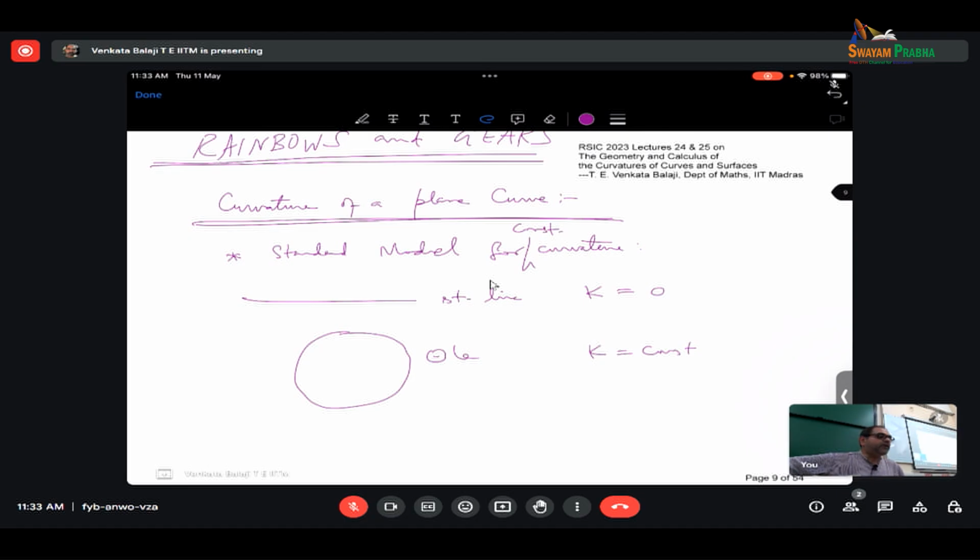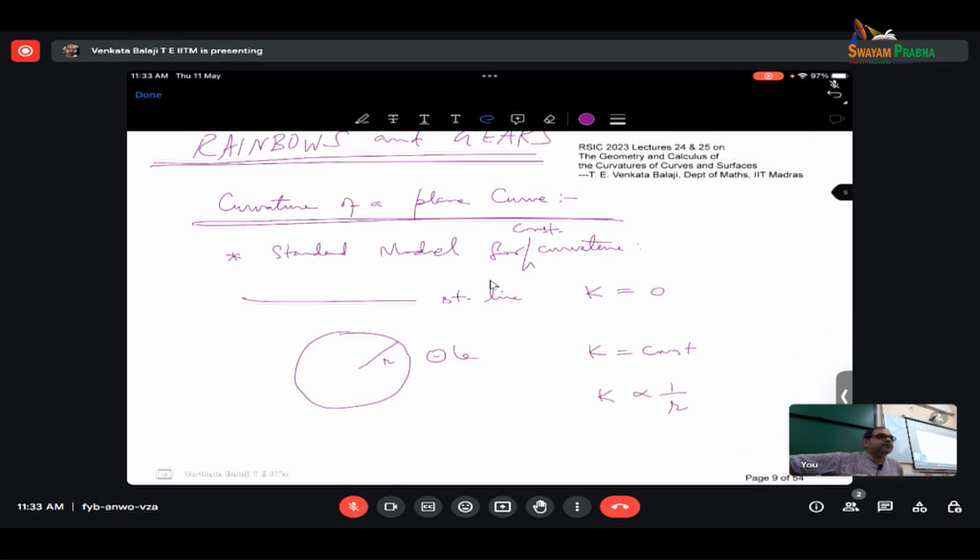What you can understand is that if the radius of the circle is r, the curvature is the extent to which the circle is curved, and as r goes to infinity, as r becomes larger and larger, your circle is less curved. That means the curvature is inversely proportional to r.